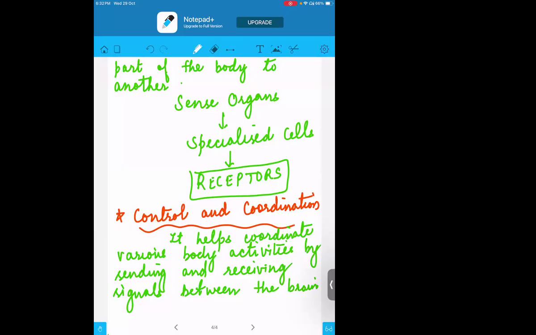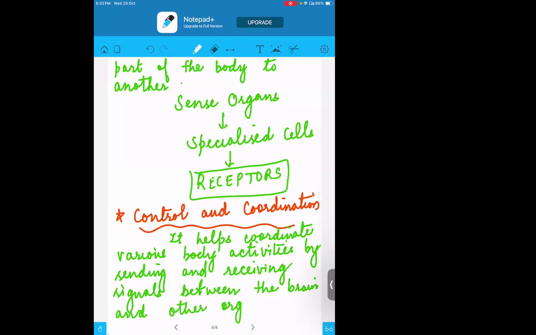But at the very first moment, he used his brain. That brain helps him to think and visualize what the problem is, how to solve it, whether he's able to do it or not. All those kinds of questions will come after he tries. So that is what the control and coordination between the brain and the other organs is.